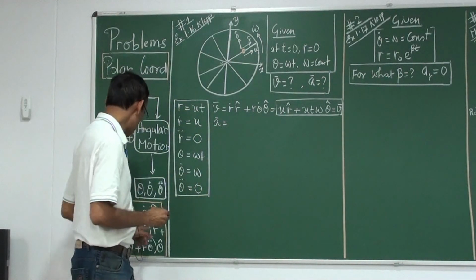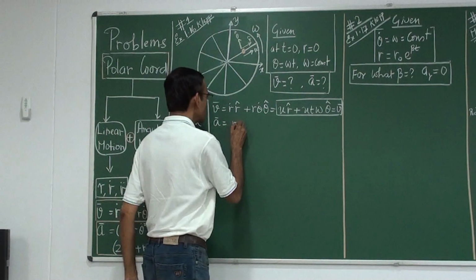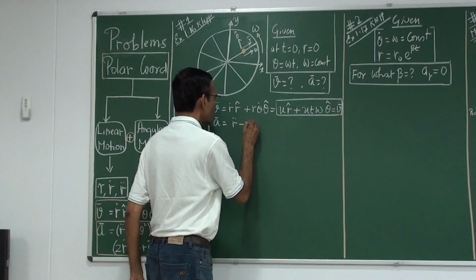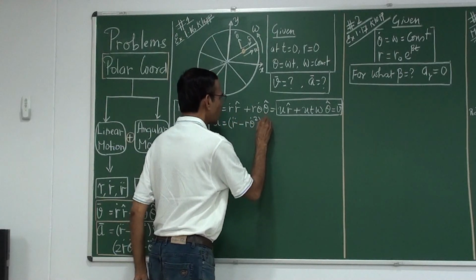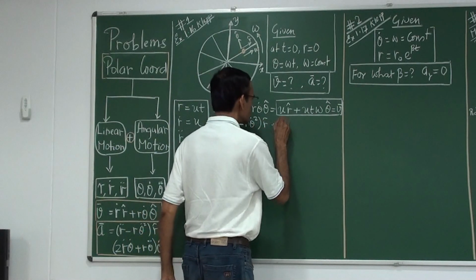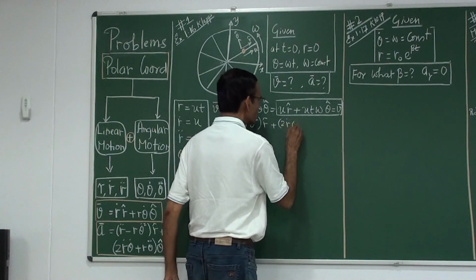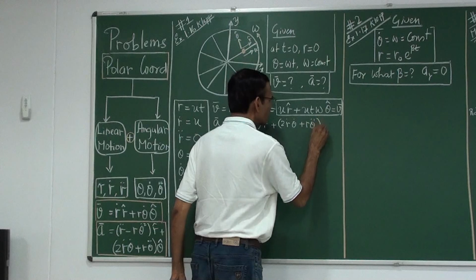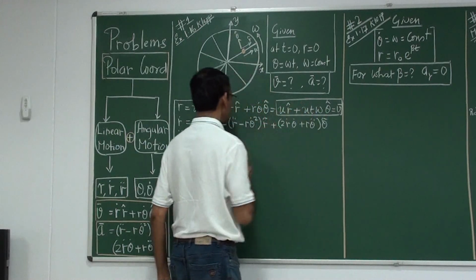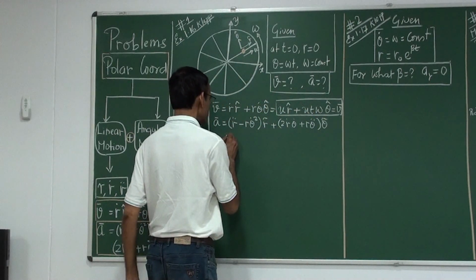Then we calculate acceleration. Acceleration is just this formula, (r double dot minus r theta dot square) r cap plus (2 r dot theta dot plus r theta double dot) theta cap. Now quickly write this.